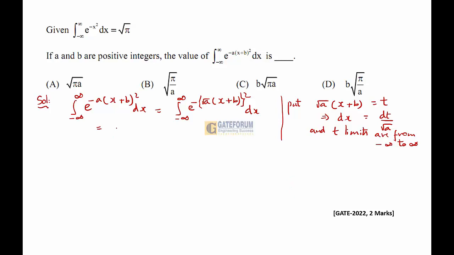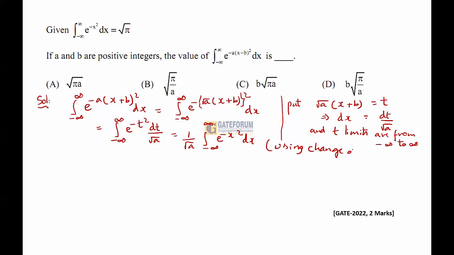So this is equal to the integral from minus infinity to infinity of e power minus t square, and dx value is dt by root a. So 1 by root a times the integral from minus infinity to infinity, and I can write again e power minus x square dx using change of variable in definite integral.